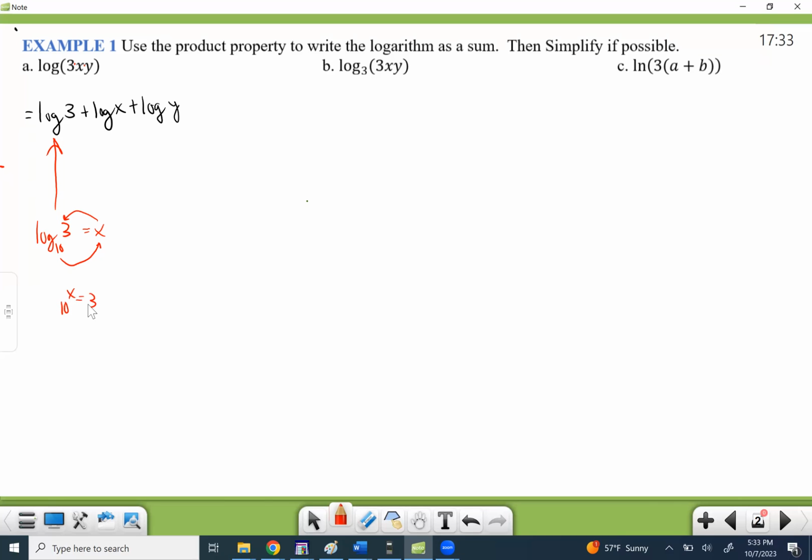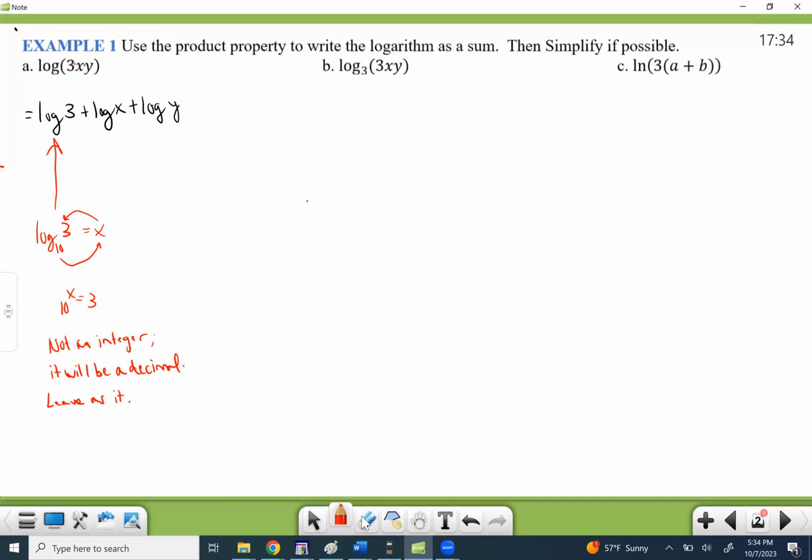Well, that's clearly not going to be a nice number. It's going to be a decimal, not an integer. So in that case, don't do it. Just leave it as is.